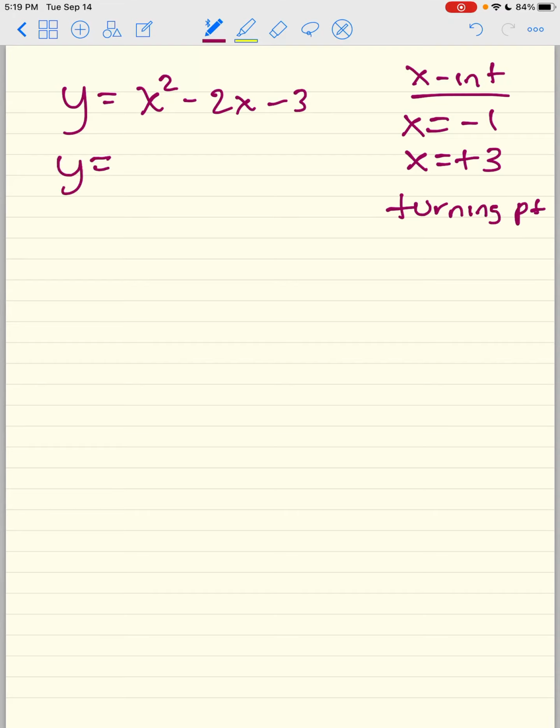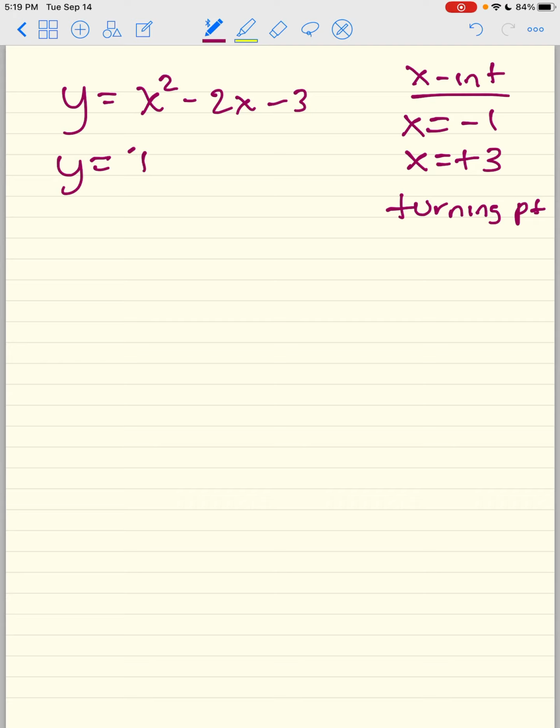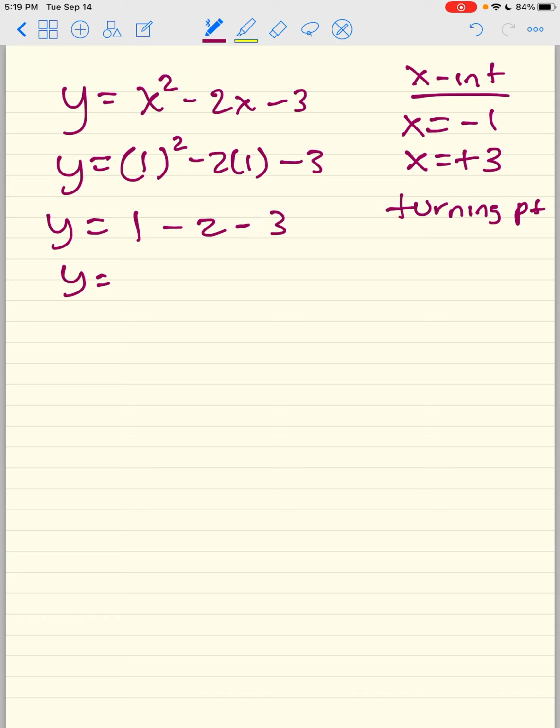We're going to substitute the value that we found, which is 1, based off of this formula, into the equation, so we get 1 minus 2 minus 3, and we're basically going to get negative 4. So the turning point is 1 comma negative 4.